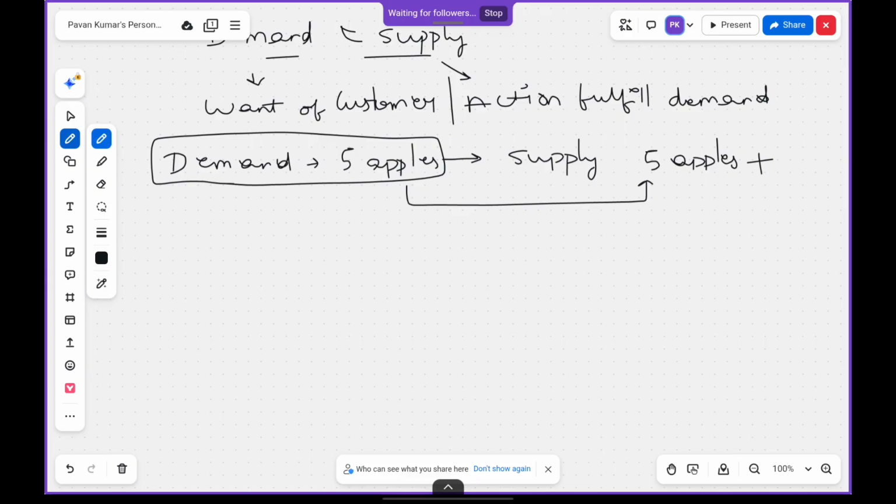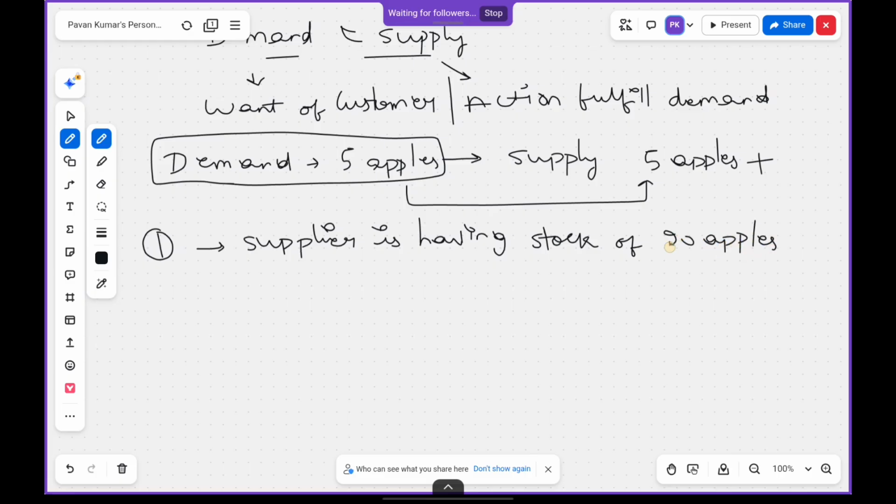So let's say we'll be discussing three situations: where the demand shall be more important, or the supply shall be more important, or both shall be in equilibrium. So in situation 1, the supplier is having the stock of 20 apples.